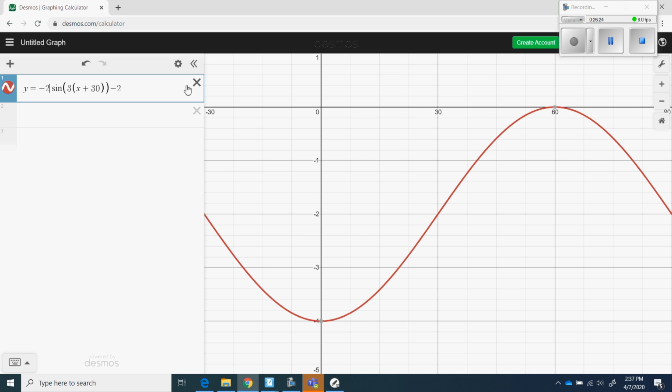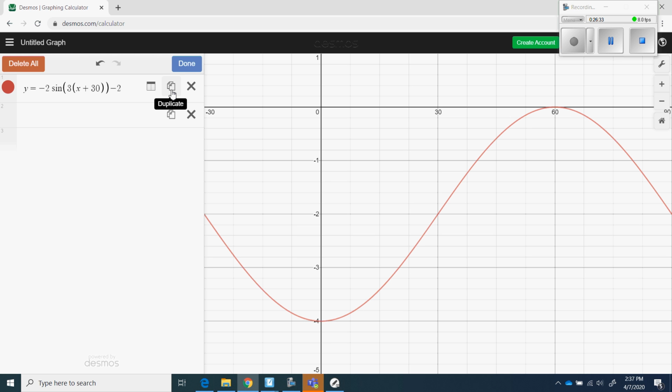you can actually do. One of the options here, let me think. No, sorry, it's over here. Anyway, you can actually copy this graph.